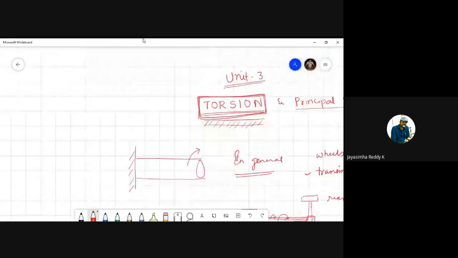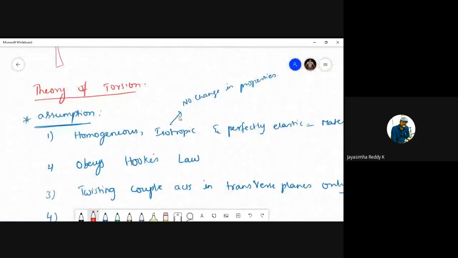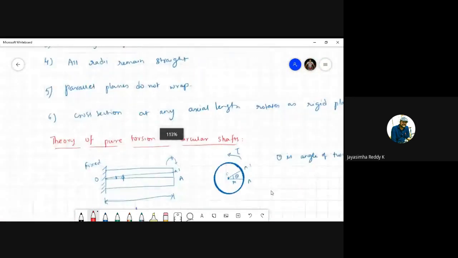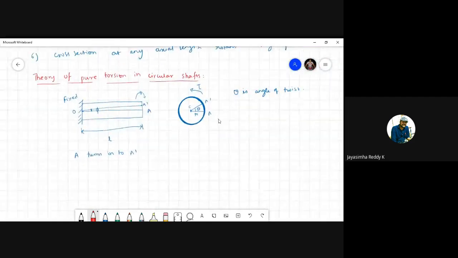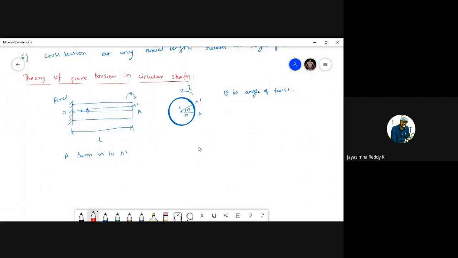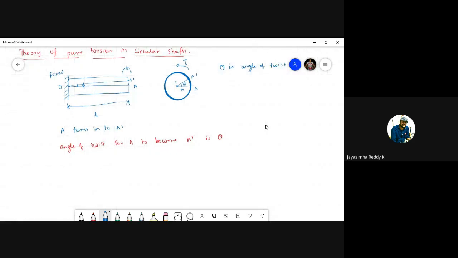We have assumed two angles. So A turns into A dash. Let the angle of twist for A to become A dash be theta. Now the length of the arc AA dash, what can we write?